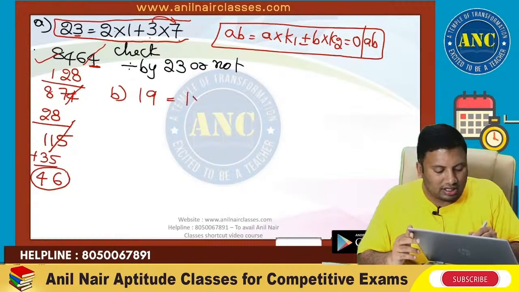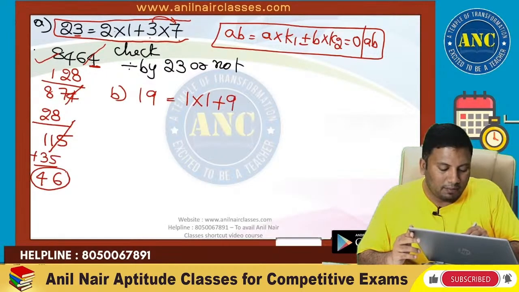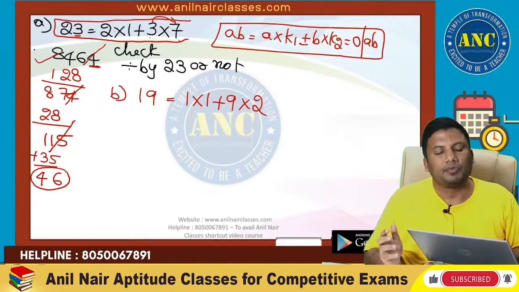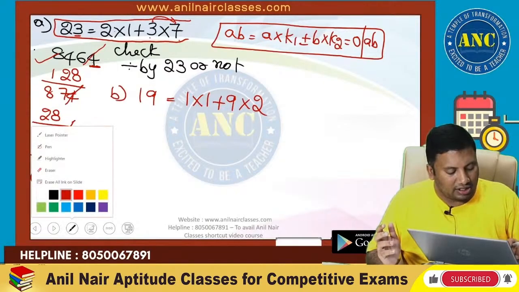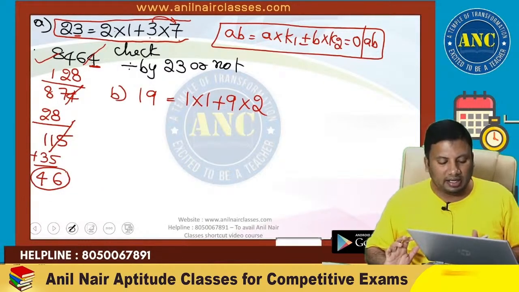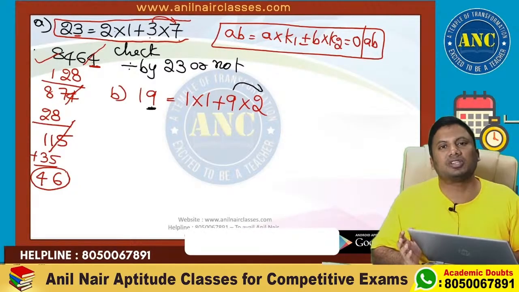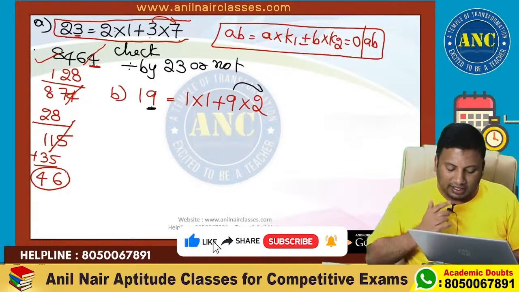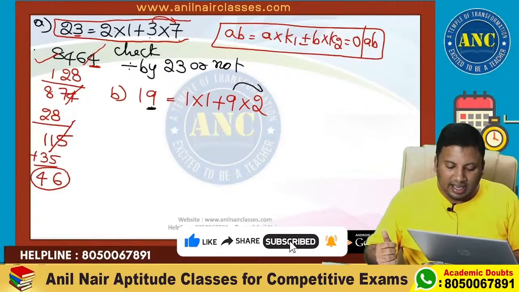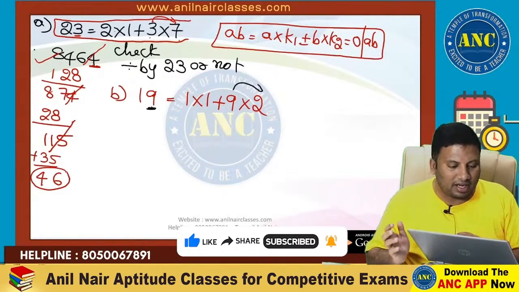So 19 is nothing but 1 into 1 plus 9 into 2. 9 2s are 18, 18 plus 1 is 19. I took the unit digit and multiplied it by 2.